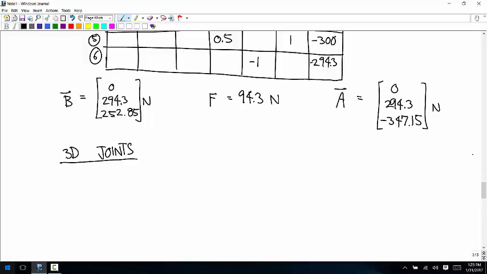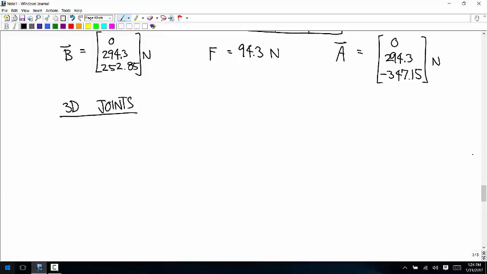Well, if every variable limits 1 degree of freedom, there's only 3 degrees of freedom available, so 3 is the most there can be. Yeah, and so in 3D, we're going to start with joints that introduce a single variable, just like we did in 2D, but we're going to go all the way up to joints that limit all 6 degrees of freedom, which again is going to be a fixed joint. Okay, so we're just going to go through those one by one. Okay, so first, joint category 1.